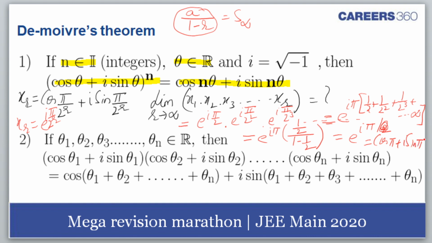Am I right? Now sin pi is 0, cos pi is minus 1. So minus 1 is the right answer, students. Just check it. Minus 1. Okay, minus 1 is the right answer. I hope everybody understood it. So this was the use of Euler's form. De Moivre's theorem, we'll make use of it in another question.